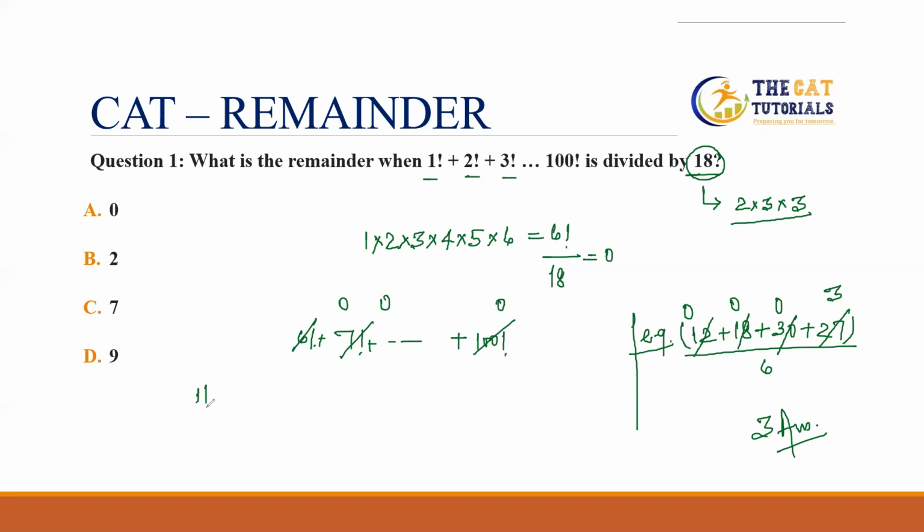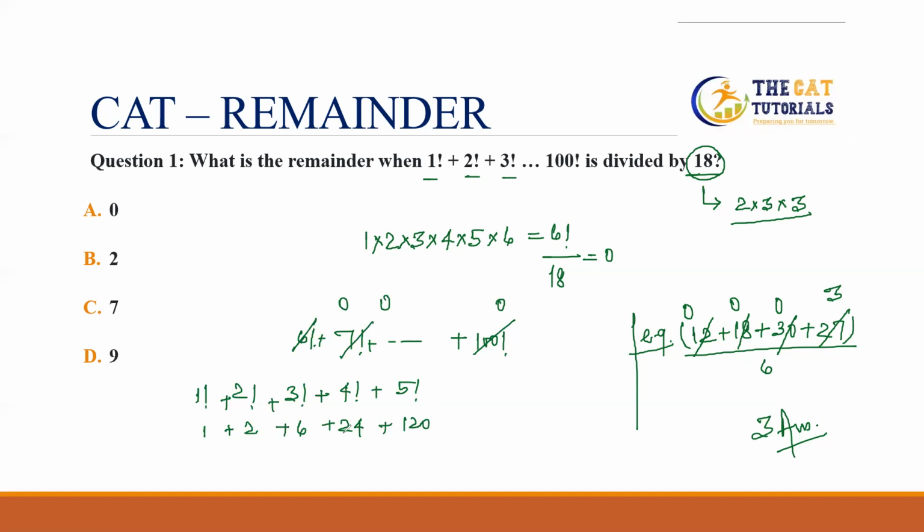So 1 factorial is equal to 1, 2 factorial is equal to 2, 3 factorial is equal to 6, 4 factorial is equal to 24, and 5 factorial is equal to 120.